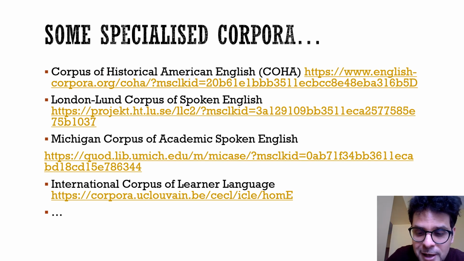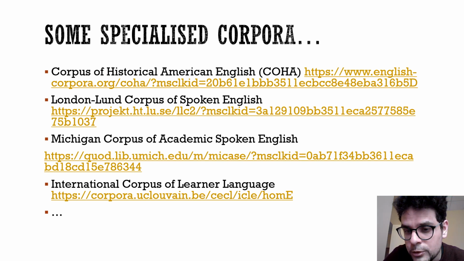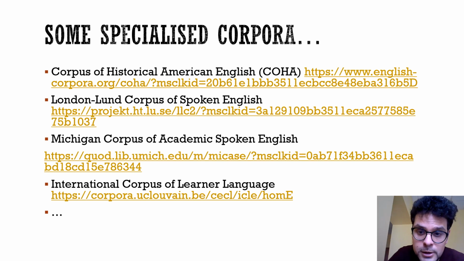As you see here, different varieties of English are represented by these corpora. So corpora are not just there to represent general English, even though this is what BNC and COCA do, but also historical English, spoken English, academic English, or English spoken by non-native speakers. So of course you can establish a specific language variety and build a corpus based on that.